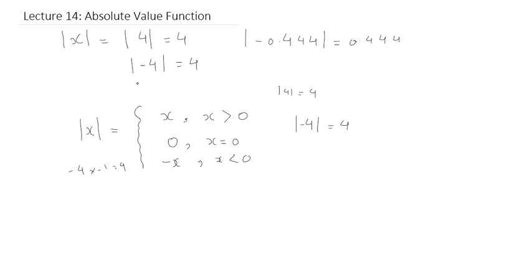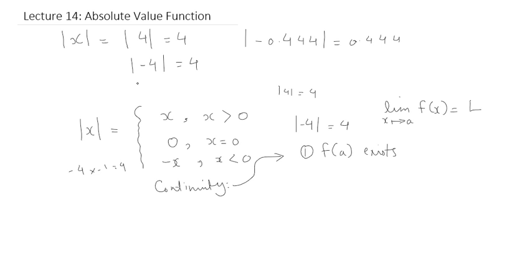And so if we were to define continuity for the absolute value function, we would do so in many different forms, but we're going to use the rules that we have. The first rule suggested that f of a exists, right? Let's just write the reference limit down. Limit as x approaches a for f of x equals L, right? That's the reference limit we're going to use.